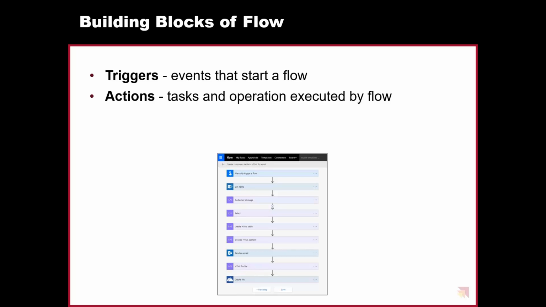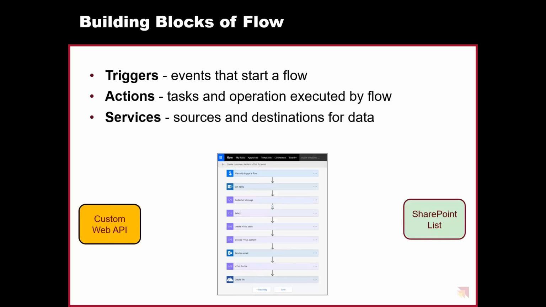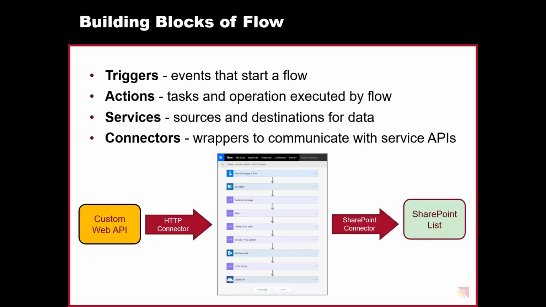A trigger is something that starts a flow executing. Then we have actions, which are the building blocks that allow us to carry out tasks and make HTTP calls across the network. There are different services. And then there's this idea of connectors. So for instance, I could call into a custom web API using the HTTP connector, and then I want to take the data and write it to a SharePoint list, so I use the SharePoint connector.